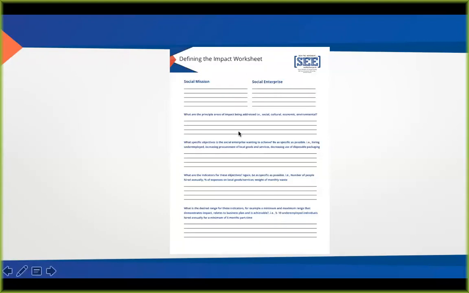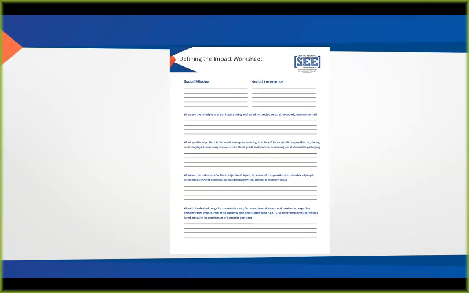And then you can ask yourself the questions. What are the principal areas of impact being addressed? So you've started your enterprise based on your passion. It would probably fall into one of these 4 categories: social, cultural, economic, or environmental. And then based on that, what specific objectives are you trying to achieve? And again, be as specific as possible, and then pull out the indicators for these objectives.